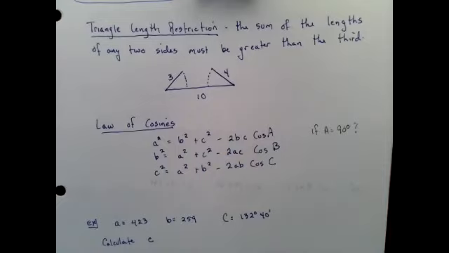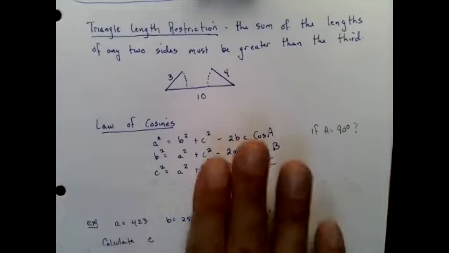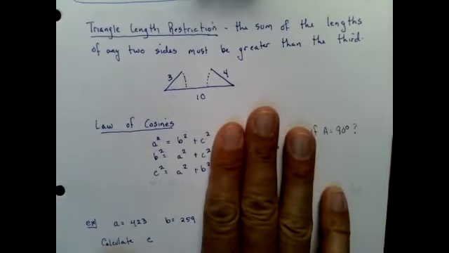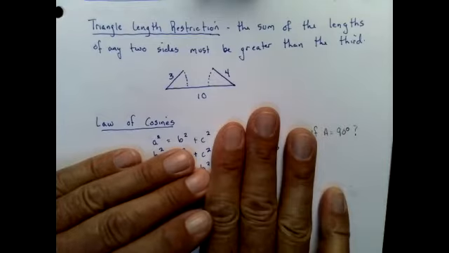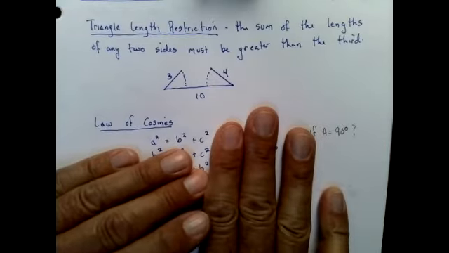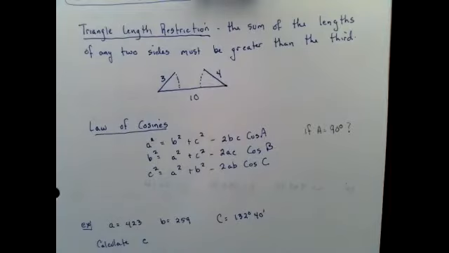And the law of cosines should look a little bit familiar to you, because if I covered that right part up, all of a sudden a squared equals b squared plus c squared, that goes right back to looking at the Pythagorean theorem.